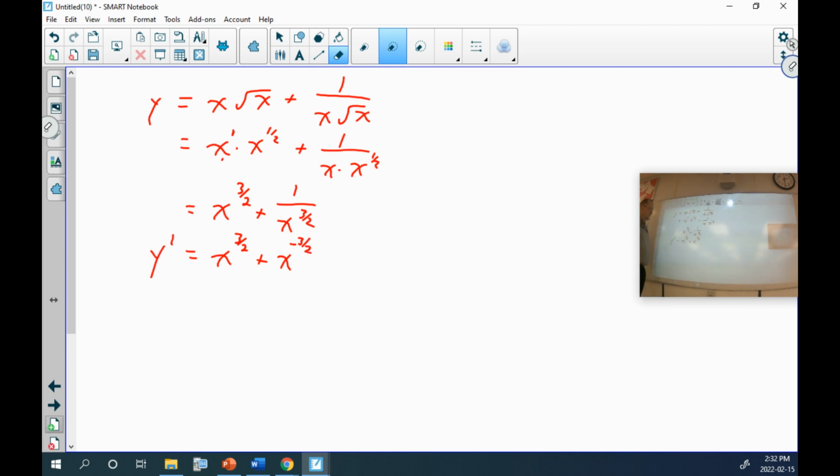And taking the derivative from there is very simple. Right? It's not simple here. A little bit of mathematics, exponent laws essentially, then it becomes, oops, that's not a prime. And then y prime is 3 halves x to the 1/2 minus 3 halves x to the negative 5 halves.